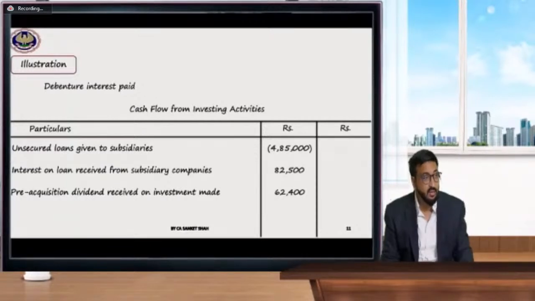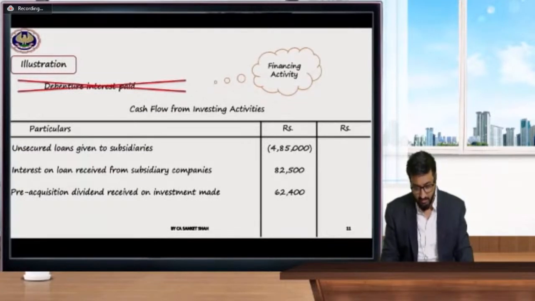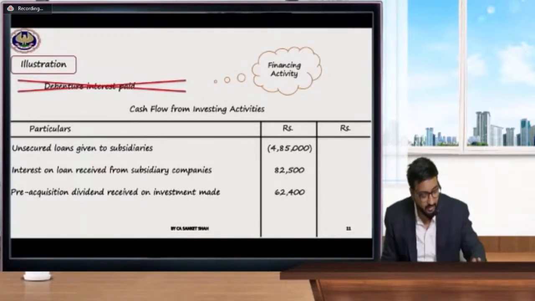Debentures interest paid, लिखूं क्या इन्वेस्टिंग में? क्यों नहीं? It's a financing activity. So won't matter here. Investing activity में I won't write it. So debenture interest paid, financing activity, don't write it.